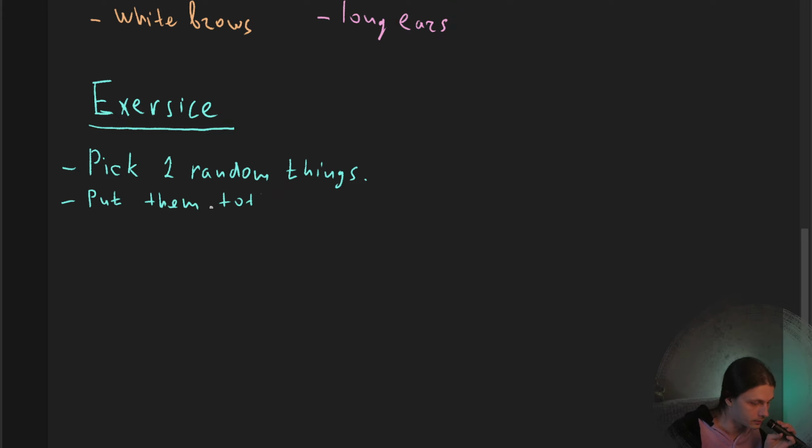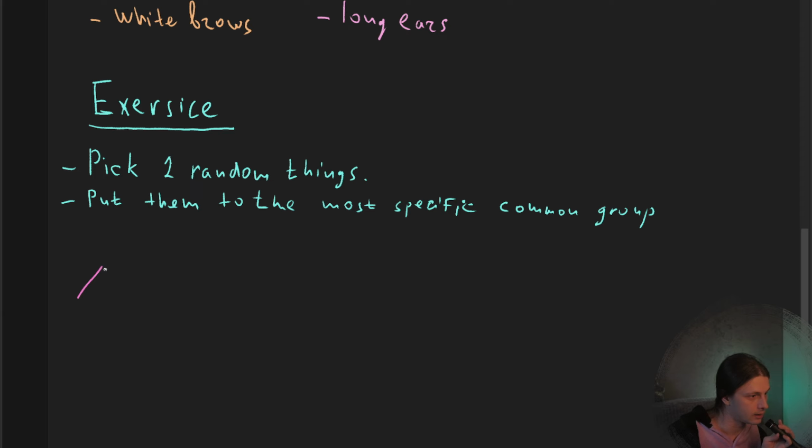For example, let's take something easy, like we might have one triangle and another triangle.